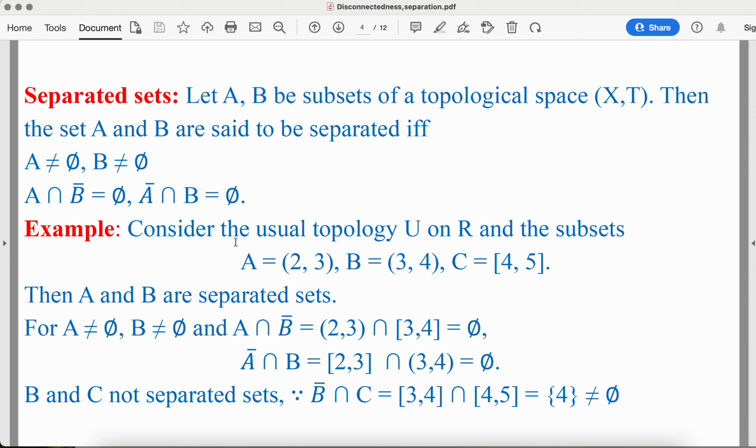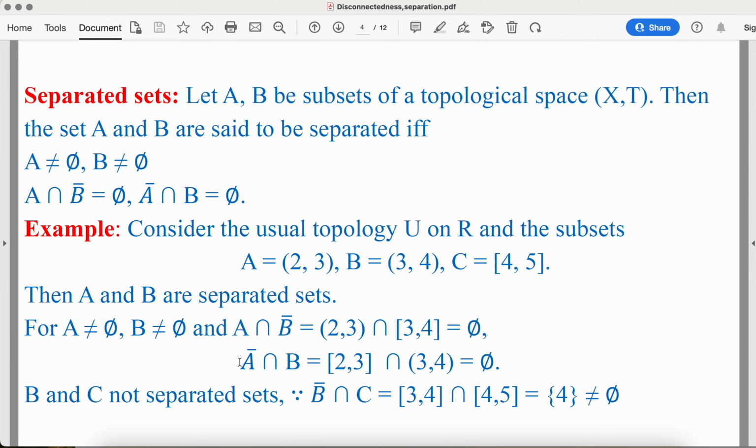Why? Because A is non-empty and B is non-empty, and A intersection B bar, meaning the closure of B. A is the open interval (2,3). The closure of B is the closed interval [3,4]. So the intersection of the open interval (2,3) with the closed interval [3,4] is the empty set, means these are disjoint.